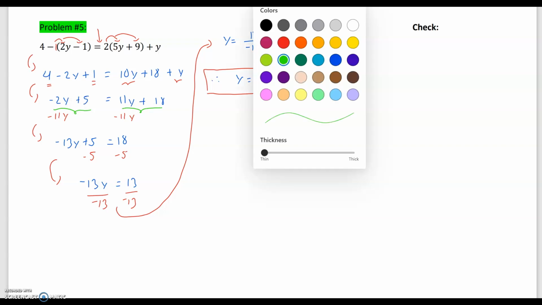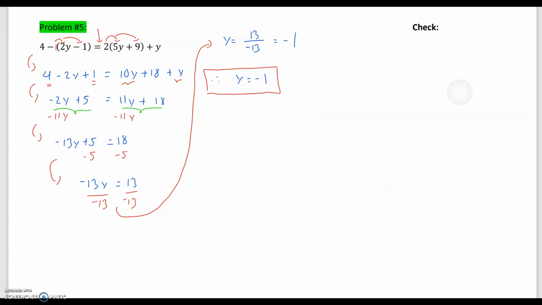Okay, let's actually check it. So in this case, we're going to evaluate y is equal to negative 1 into the original equation. So this is going to be 4 minus 2y minus 1, which is equal to 5.